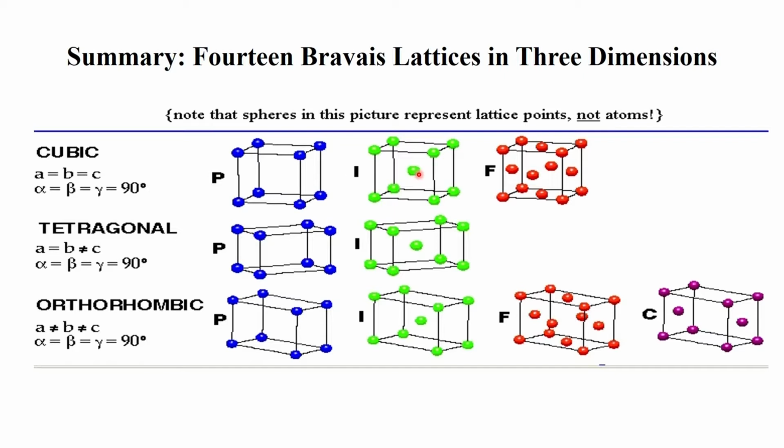We can have the center of the cube located in such a way that we will have what is known as an I-centered, the body centered lattice. So the cube is up here, which represents 1 lattice point. This one represents the second lattice point. So the number of lattice points in a body centered cubic system is 2.